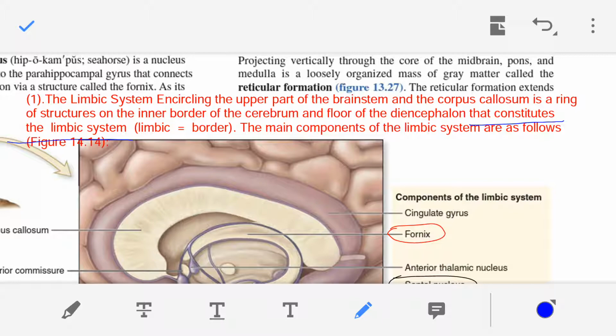So it is in the form of a ring, covering the upper part of the brainstem, the upper part of the corpus callosum, then inferior to the cerebrum, the inner border of the cerebrum, and the floor of the diencephalon.